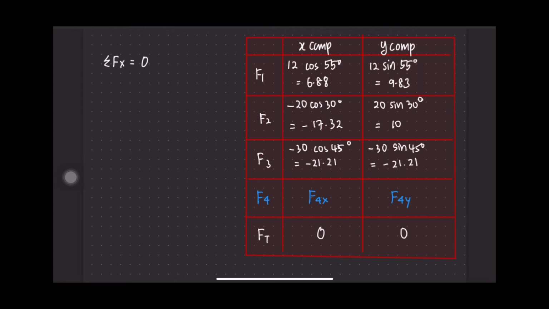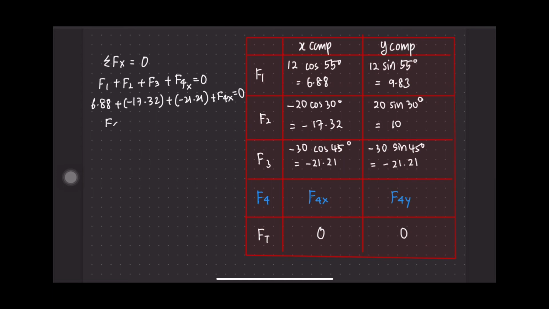So we have to determine F4. So F1 plus F2 plus F3 plus F4 is equal to 0. 6.88 plus negative 17.32 plus negative 21.21 plus F4x is equal to 0.